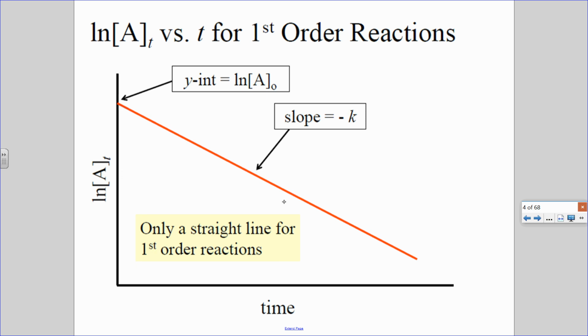Actually, it's the negative of k. But this graph will only be linear for a first order reaction. If it's a second order or a 0 order reaction, you will not see a straight line. They might not tell you it's a first order reaction. They might show you this graph, and you have to recognize that if you see this on the y-axis and it's linear, it's a first order reaction.